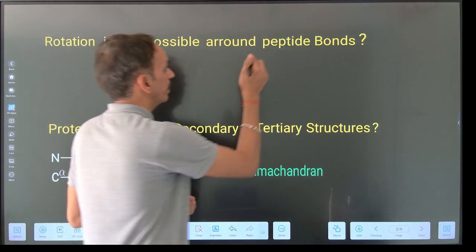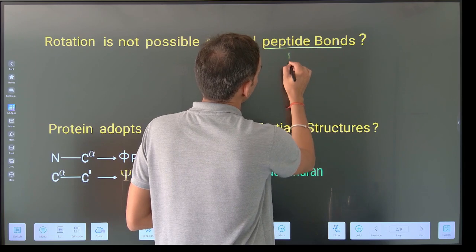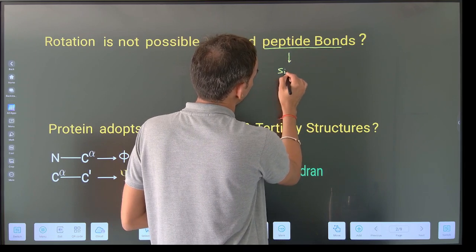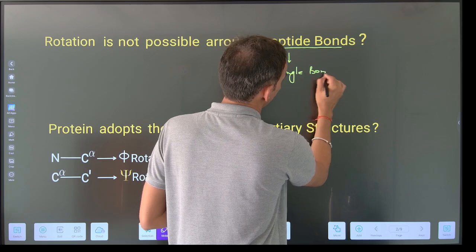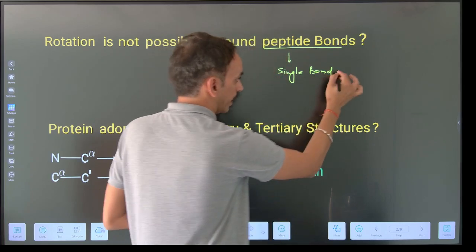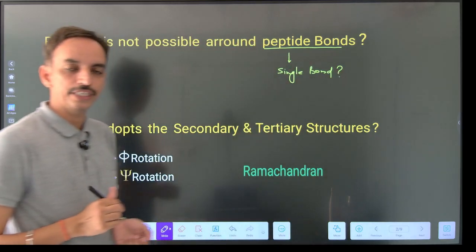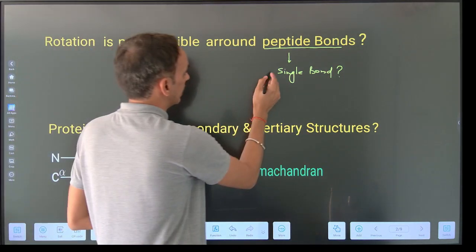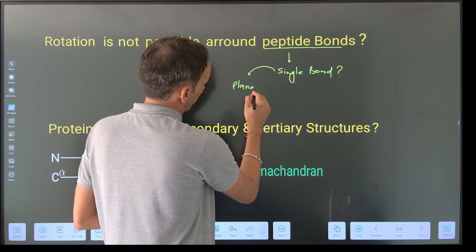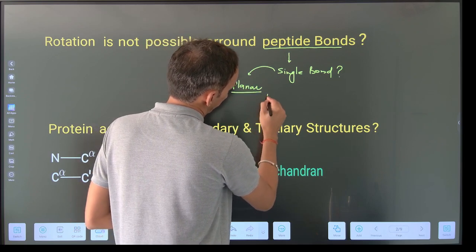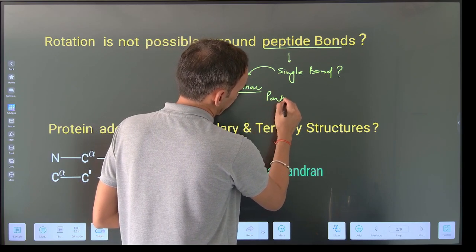The peptide bonds are still single bonds, but still they are not allowing the rotation. Why? Because these peptide bonds have a planar structure having partial double bond characters.